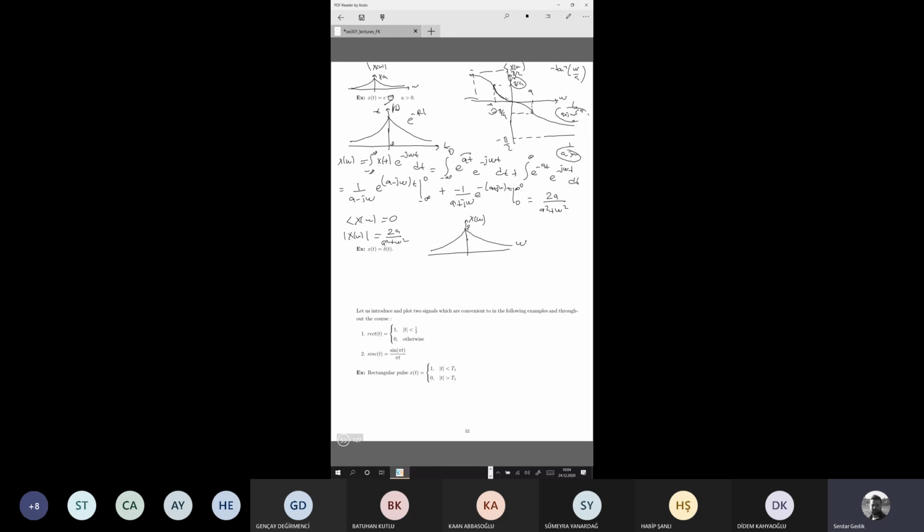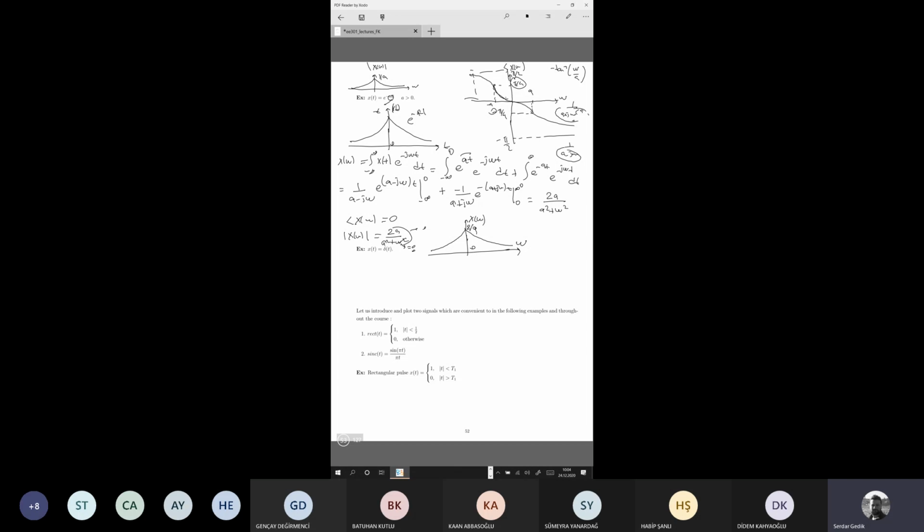And 2 over a is the maximum. If you put here omega equals 0, then this will cancel, so you have 2 over a as the peak value. And as omega goes to infinity, the whole thing goes to 0. This is why, in the limit, x of omega goes to 0.